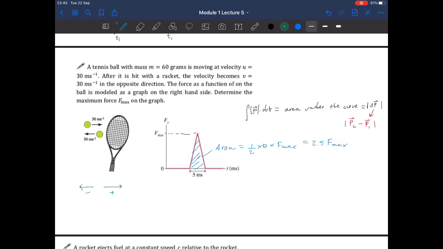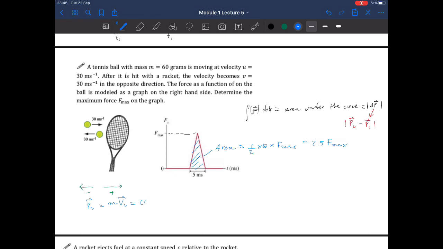So in this case, our p2 is equal to minus, let me do it step by step, the mass and v2.